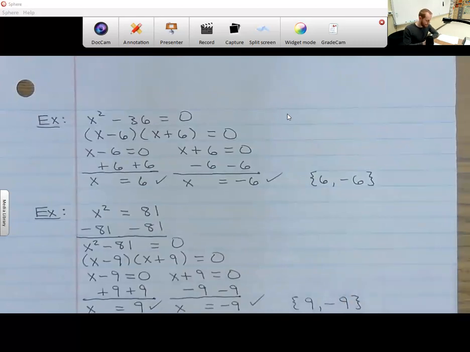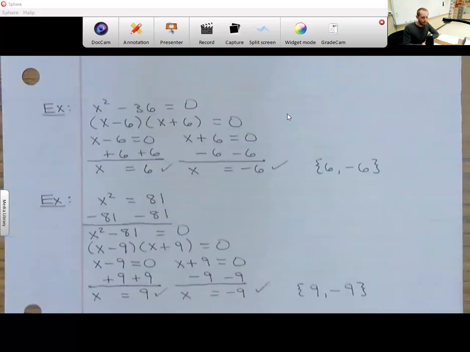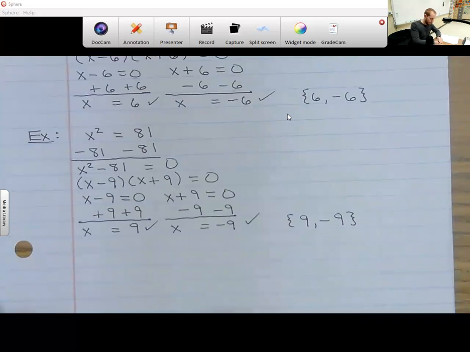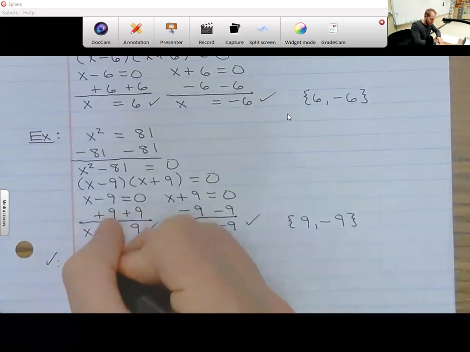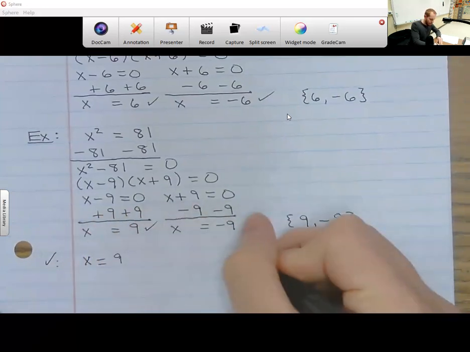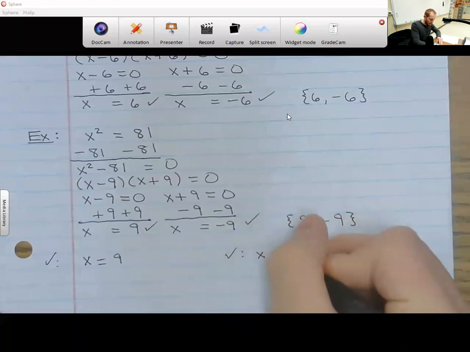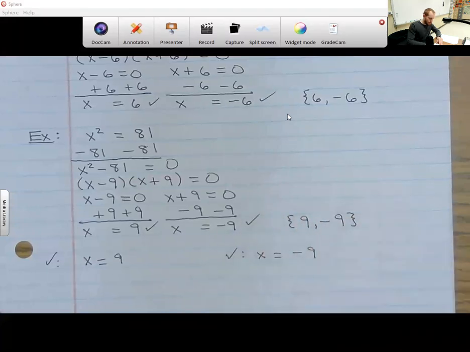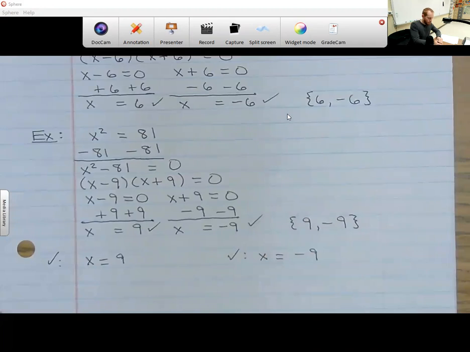Okay. Now checking this one is actually pretty easy, because all you've got to do is let x be 9 and let x be negative 9 and see what happens. So let's check the positive 9 first, and then let's check the negative 9. My original equation was x squared equals 81.